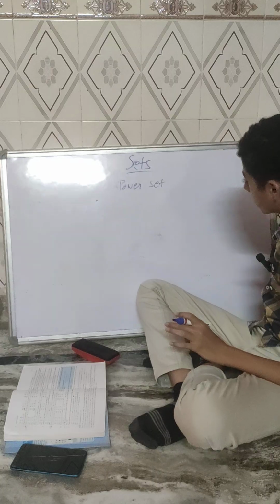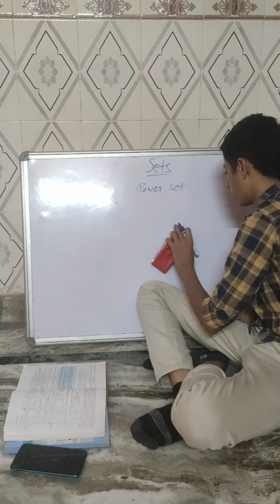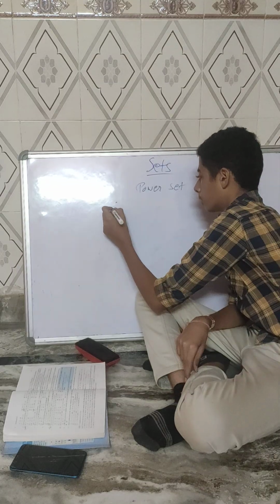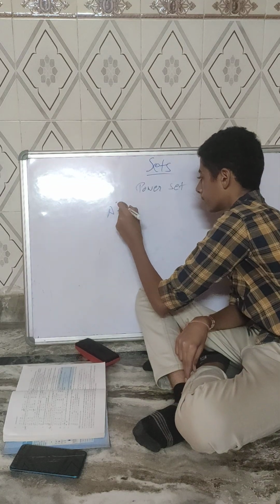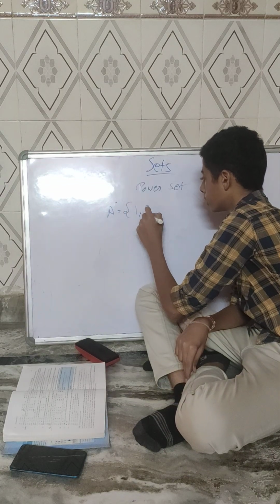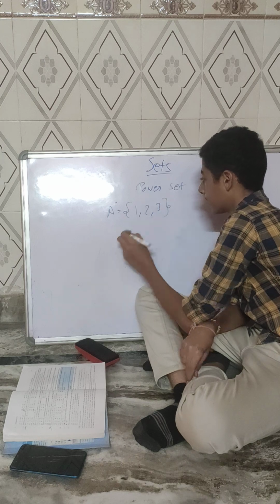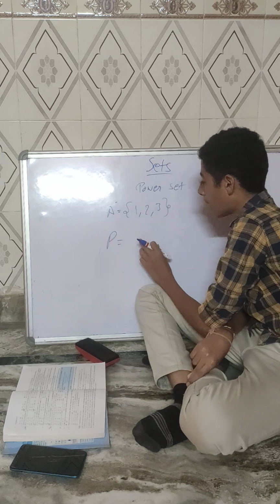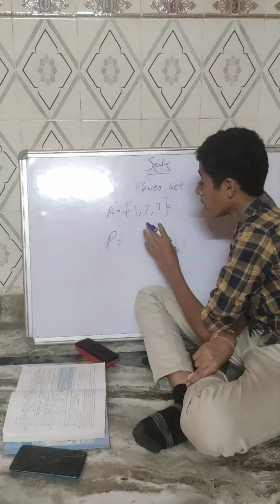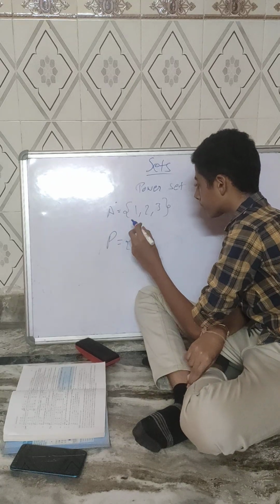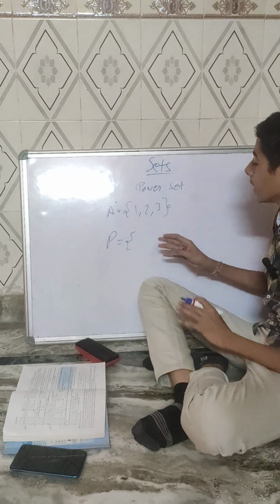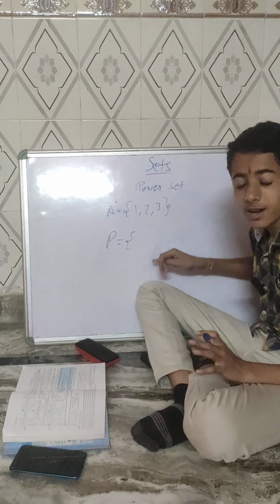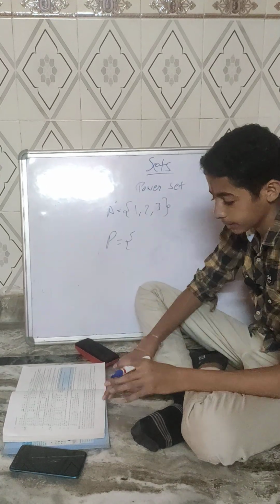Now say we have two sets. One is set A and it has 1, 2, 3, and the second is set T and it is the power set of A. Now how will we form it? Power set of A means it will have all the elements present in A and all the combinations that can be there.